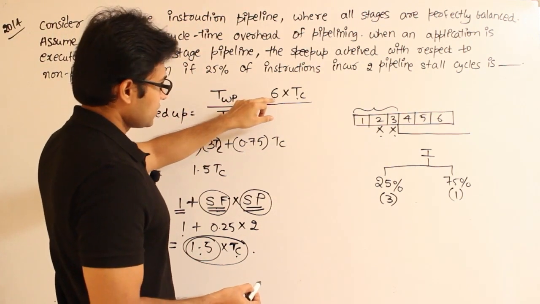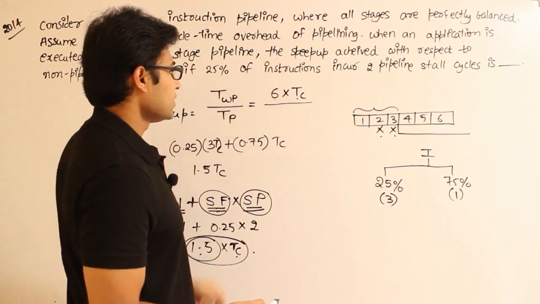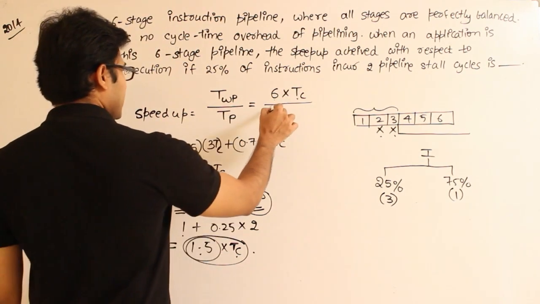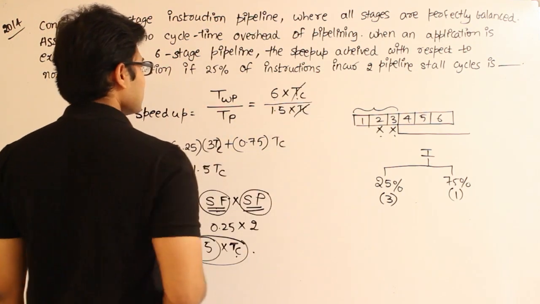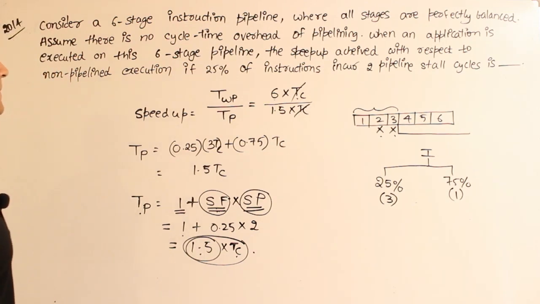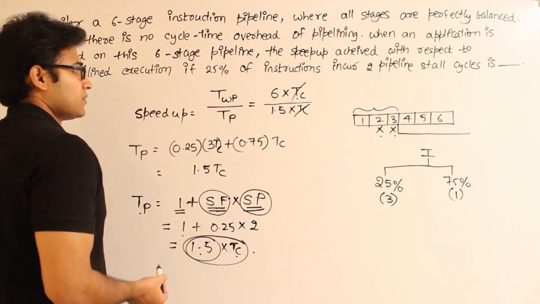Therefore 6 stages are there, and assuming each stage takes TC, the time is 6 into TC, and in the pipelined processor it is 1.5 into TC, right? So TC will get cancelled away. That is why they didn't mention the clock at all. Even if they give the clock in the final answer, it doesn't matter, right?